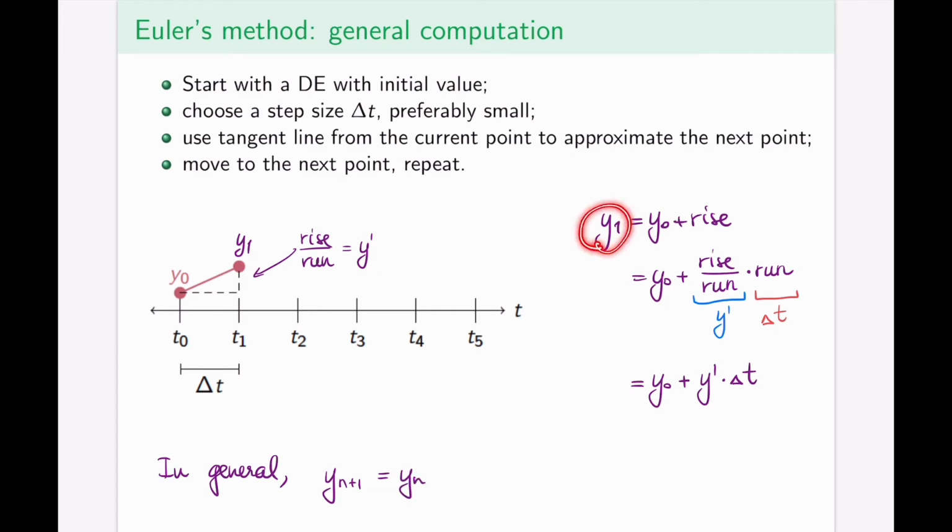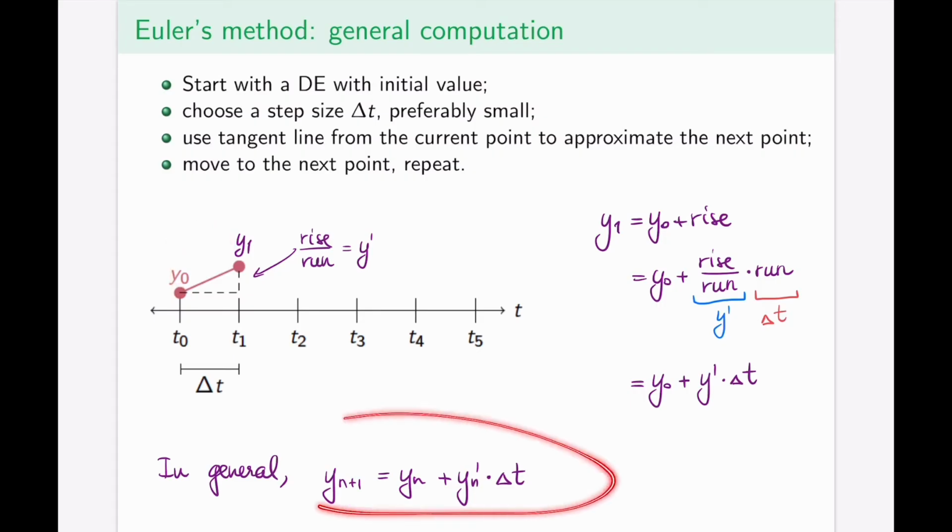So the next value is equal to the previous value plus the slope times the step size. The one thing you have to keep in mind though is that your slope needs to also be a value, computed at your current step. You're using all the information from the current step to calculate the next possible y value.